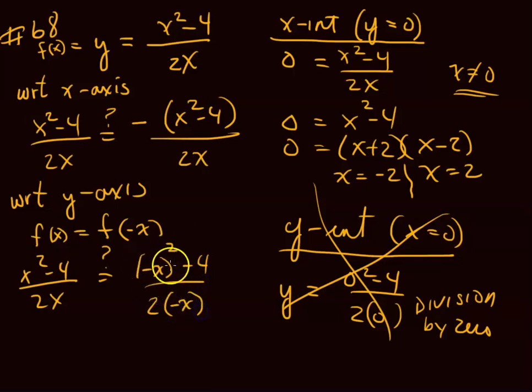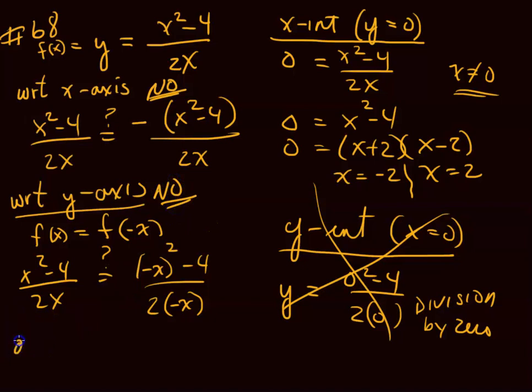Now this negative x squared isn't a problem. That's the same as x squared. It's this 2 times negative x that's the problem. So, no symmetry. We should say no with respect to the x-axis. No with respect to the y-axis.